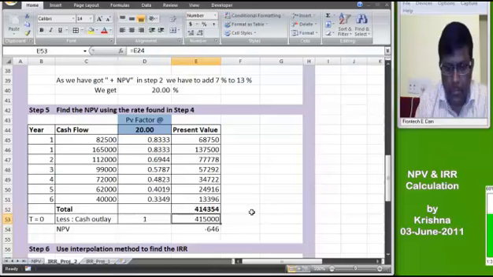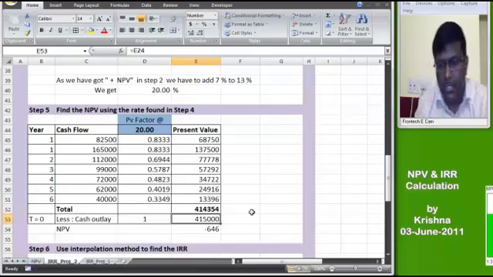So we land on a negative net present value. Now there is a negative net present value and a positive net present value, so definitely the IRR should lie between these two rates, 20% and 13%.